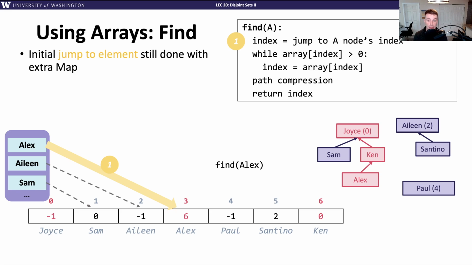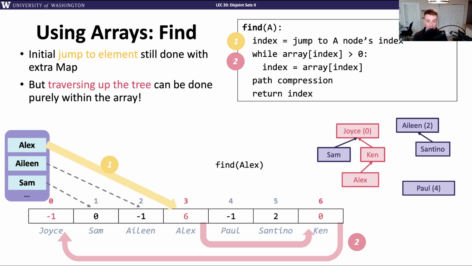So first we jump to that index, and then we iterate over the array, jumping to the parent index using the value there until we reach the top. So we go from Alex to Ken to Joyce, using the values there to know which index to go to.